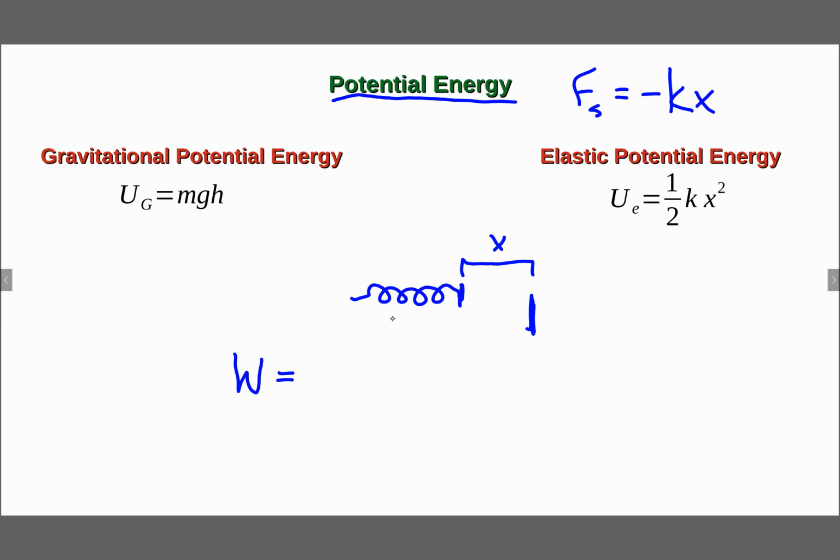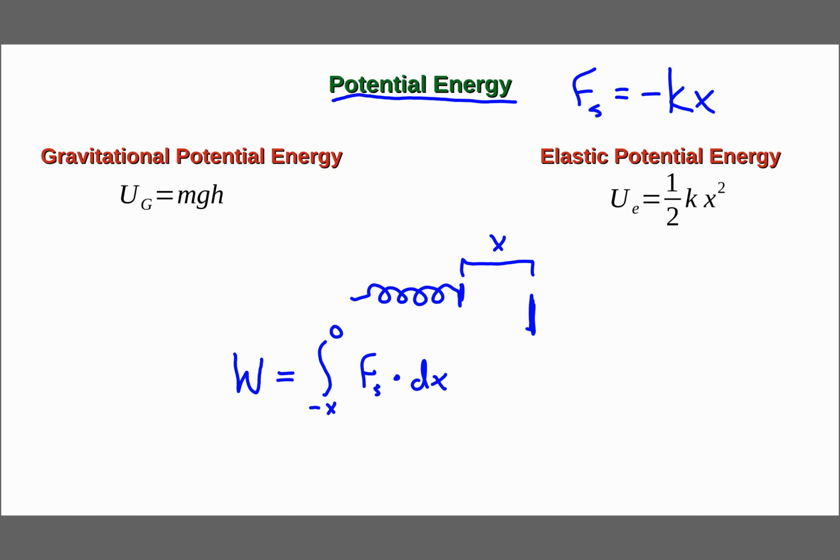Because we know that Hooke's law says that the force of the spring is minus kx, okay? So then, to calculate this one, we have to do an integral. We would have to do an integral from minus x to 0. And then the force, we'd have force of the spring dot dx. We're going to integrate over the distance, right?